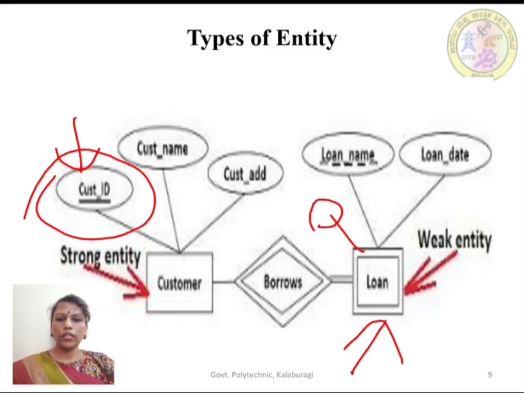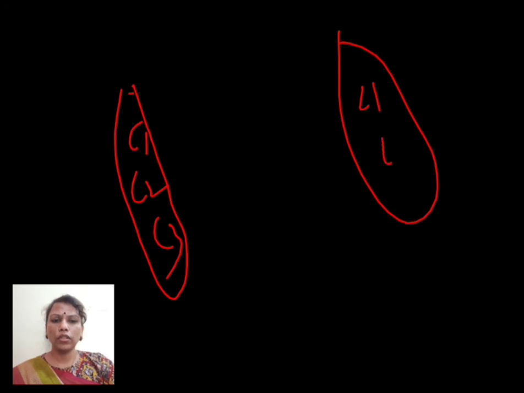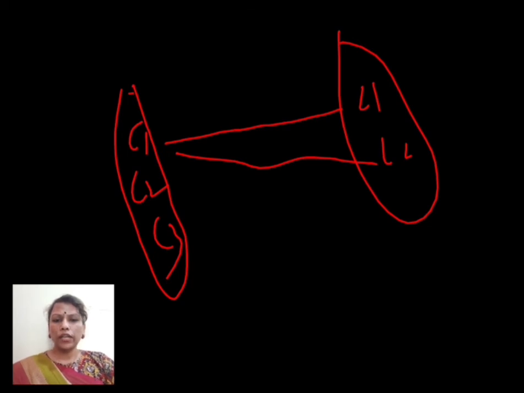Okay, so here in this customer, let's write the same thing in an instance diagram. Customer: customer 1, customer 2, customer 3, and here loan: loan 1, loan 2. Assume customer 1 has taken 2 loans, and customer 2 and customer 3 have not taken any loan.